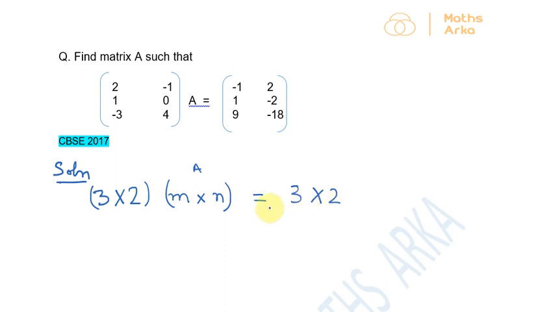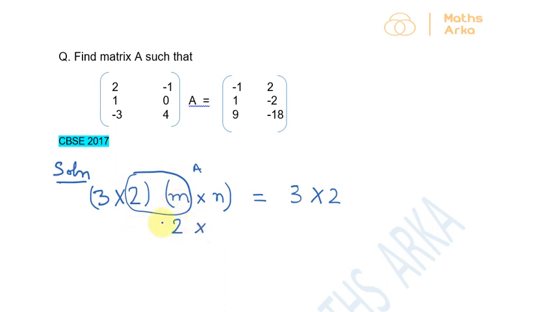So first of all, let's try to find the order of A. What would be the order of A? The product of these two is defined only if these two are equal. That means the number of rows of A should be 2.